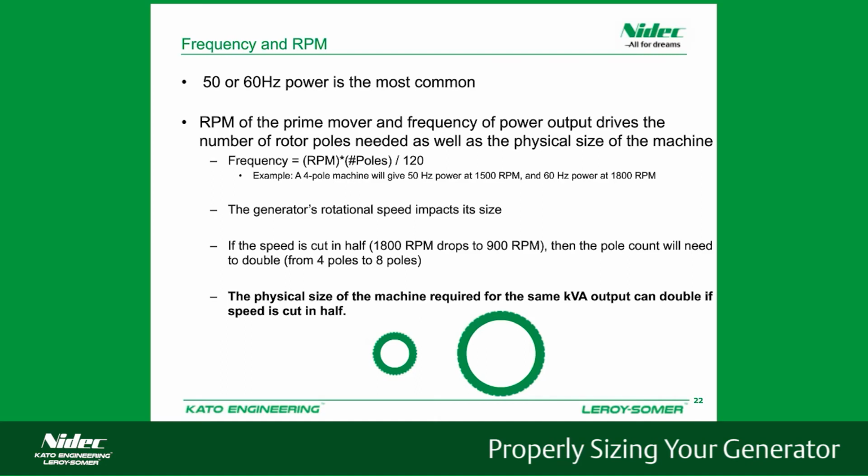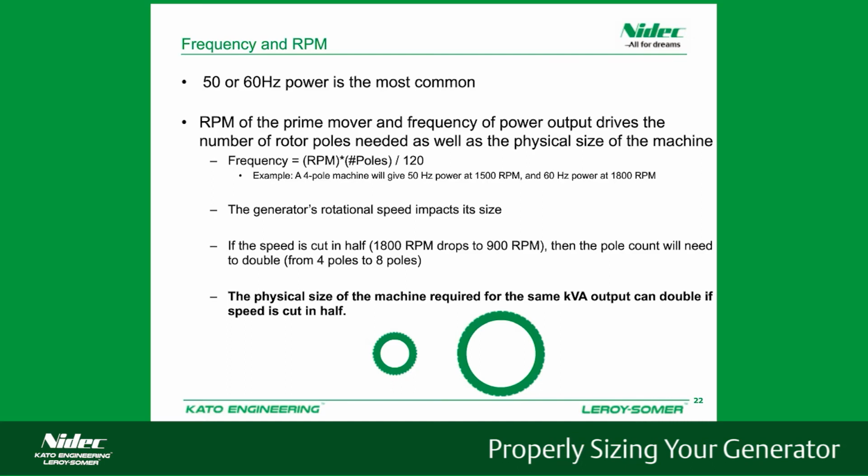So in our example below, a 4-pole machine will give 50 hertz power at 1500 RPM and 60 hertz at 1800 RPM. So again, we're going to have that ratio of 60 over 50 times more power with 1800 RPM.